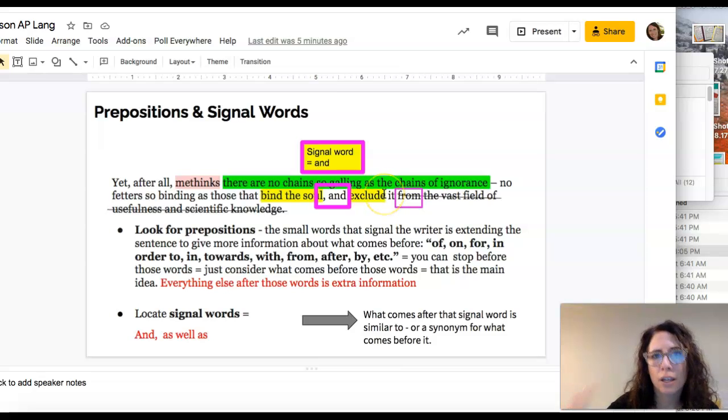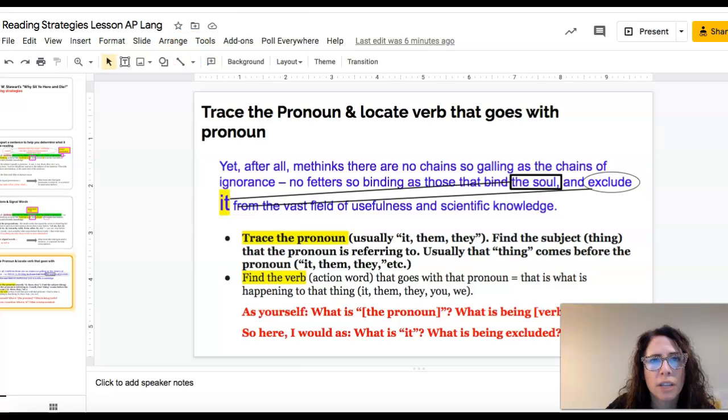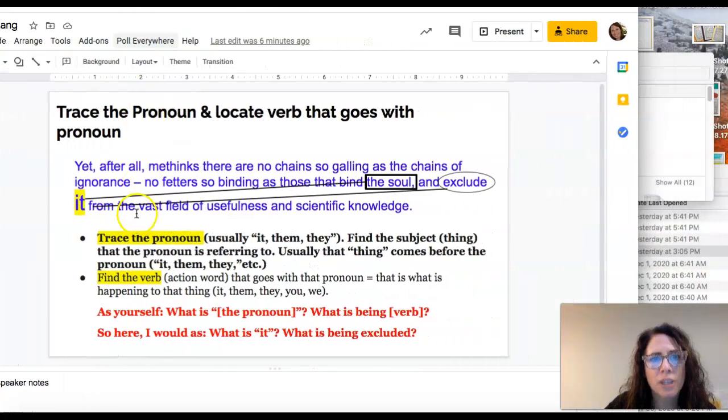This is our other strategy in reading. But before we do that, we're saying something is excluded from being useful and having real knowledge, scientific knowledge that I can put my finger on. So let's figure out what it is by tracing the pronoun.